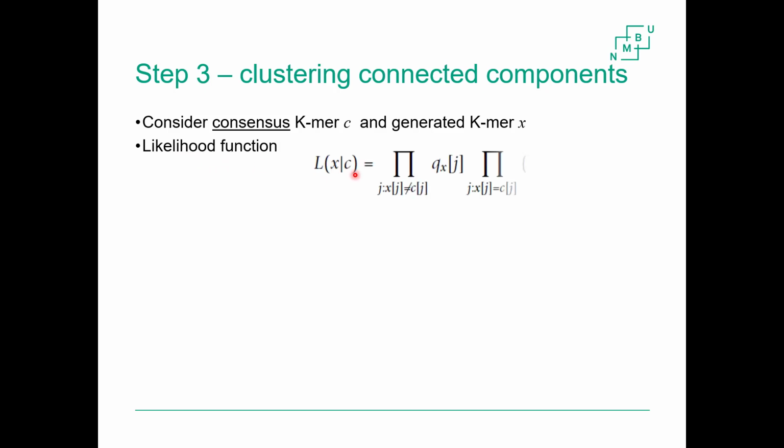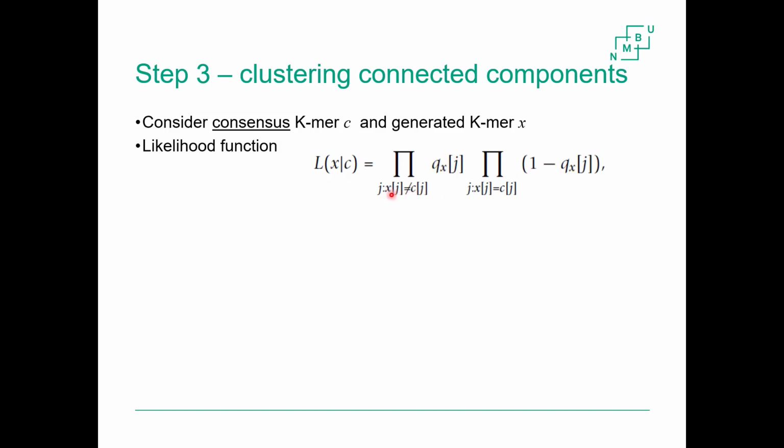Then we define a likelihood function for this. And what is a likelihood function? The likelihood function says something about a probability. It's the probability of seeing these k-mers given that we have the consensus sequence, right? And that's found by simply multiplying together these error probabilities.